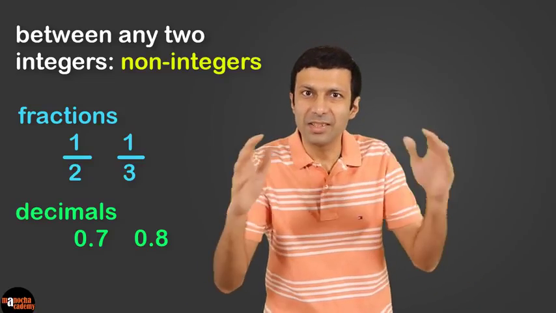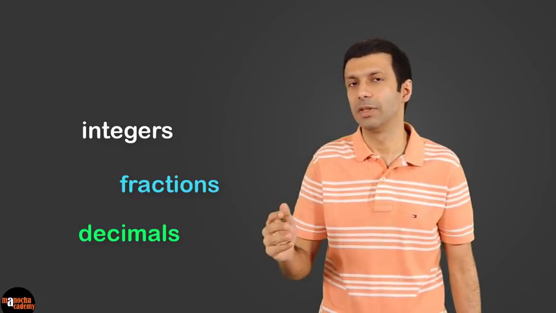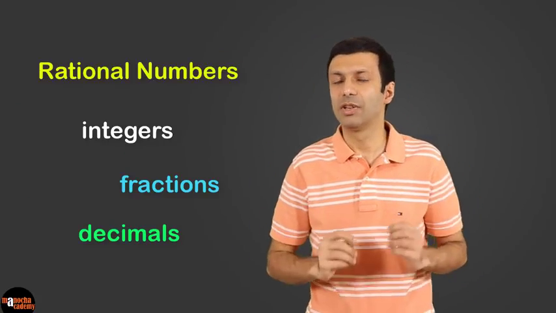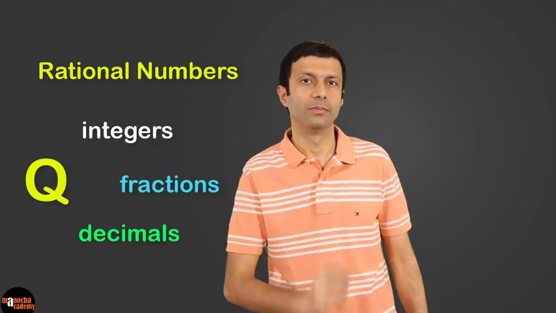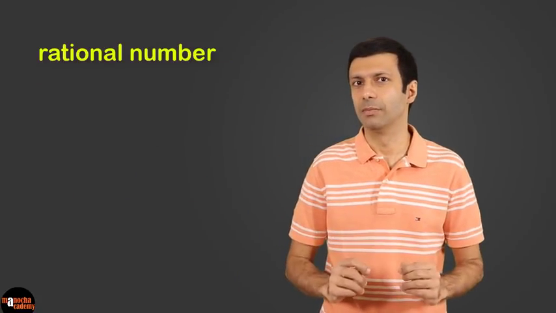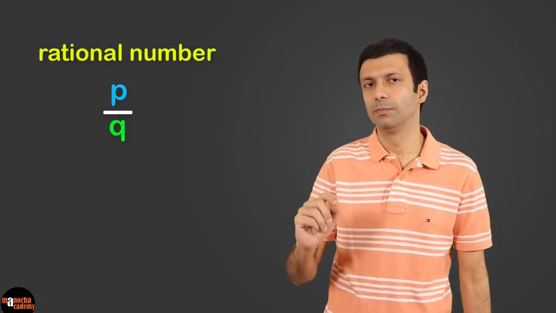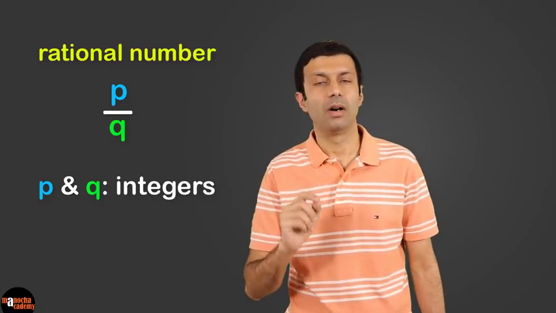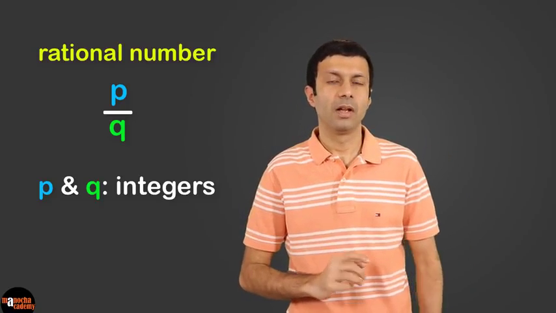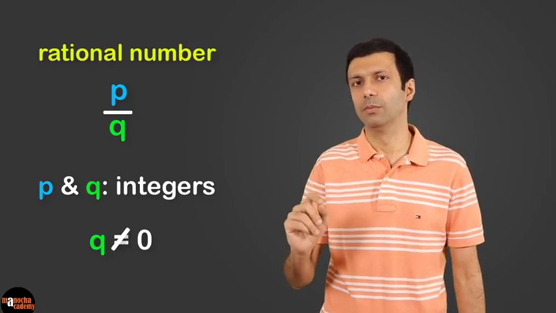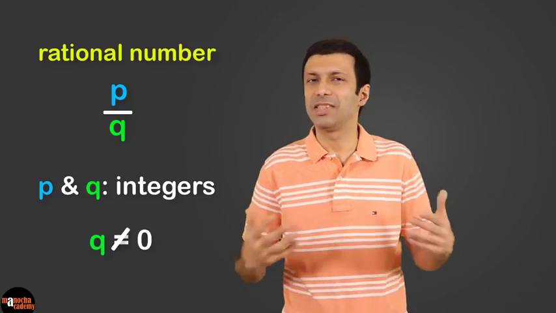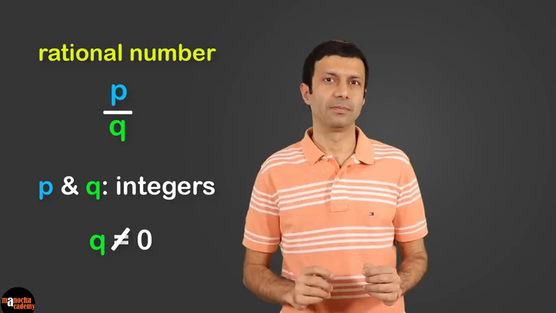And this entire set of integers and fractions and decimals are called rational numbers, and they are denoted by the letter Q. Any rational number can be written as a fraction, P by Q, where P and Q are integers. The only restriction is that Q should not be 0, since division by 0 is undefined.